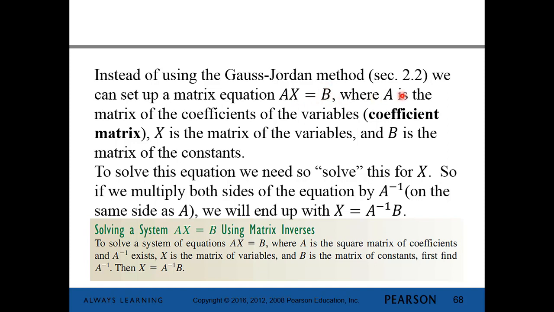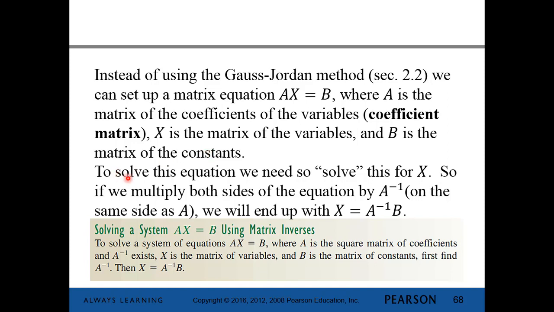A is the matrix of the coefficients of the variables, which we call the coefficient matrix. X is the matrix of the variables that we're given, and B is the matrix of the constants. And so we could set up equations like this.